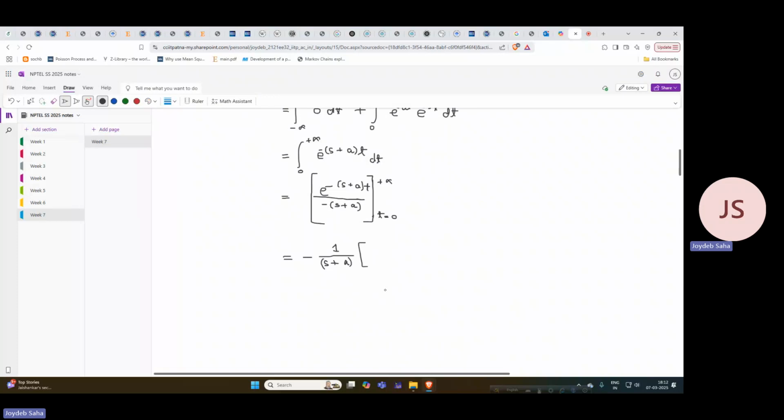If we put plus infinite, then it is e to the power minus infinite, that is 0.